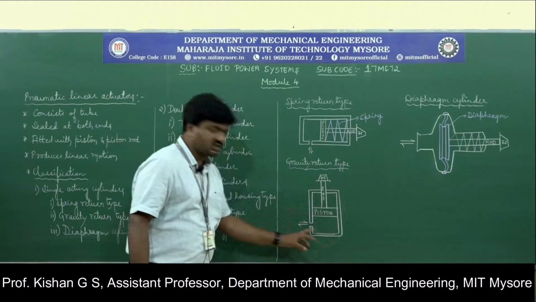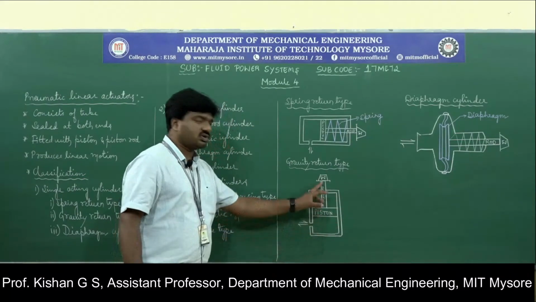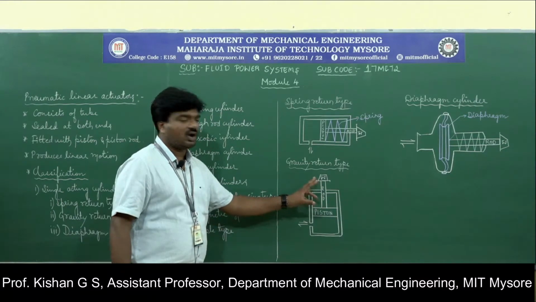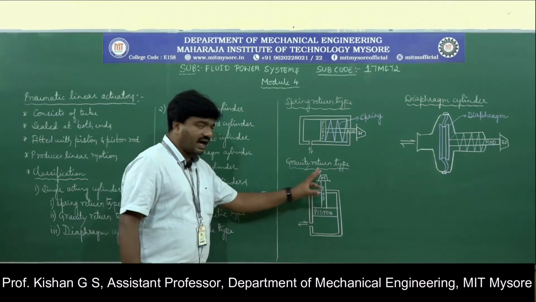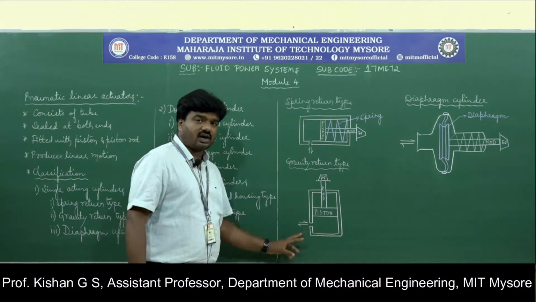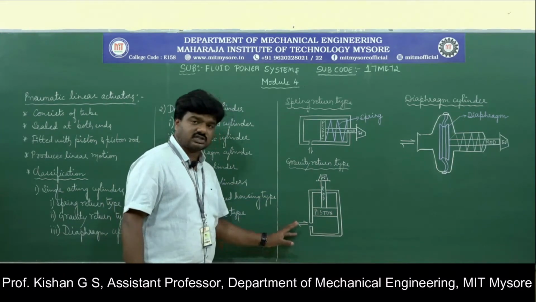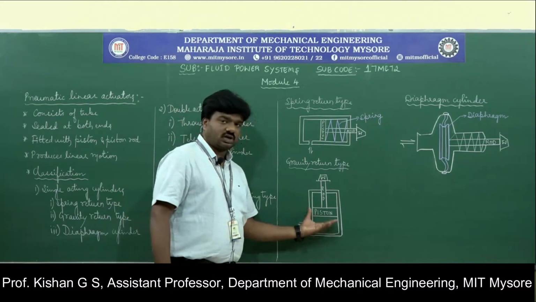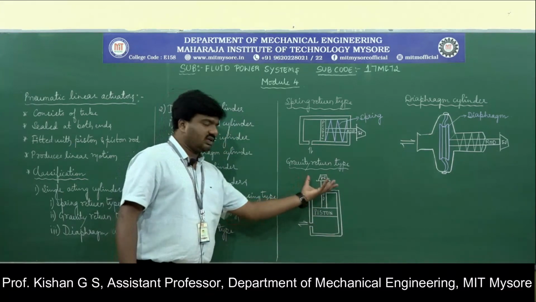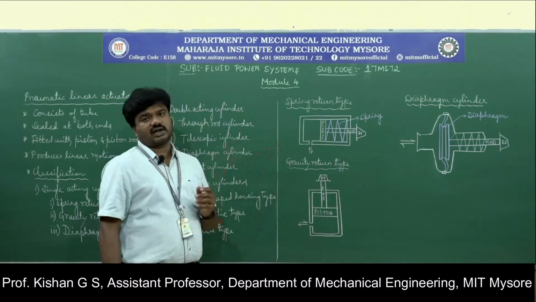This is a tube which is fitted with piston and piston rod, and to the piston rod we have the additional weight called W, and this load will be carried once there is a supply of compressed air through the port provided at the bottom of the cylinder, such that it results in the exertion of pressure onto the piston, so that the piston moves along the upward direction, that leads to the lifting up of the load.